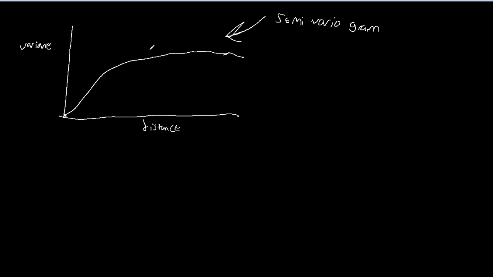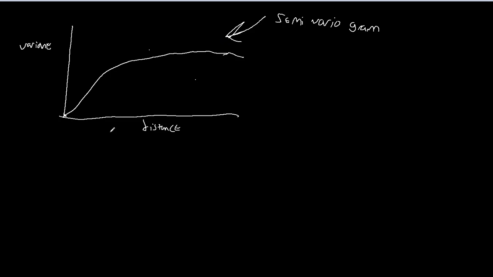So conceptually, what we're getting at is that points that are closer together, when you measure their variance, are going to have a smaller variance because you would expect nearby points to have similar values. As you increase the distance between the points, you would expect that variance to go up because things that are farther away tend to be more dissimilar. And then you would eventually hit a point where the variance plateaus.